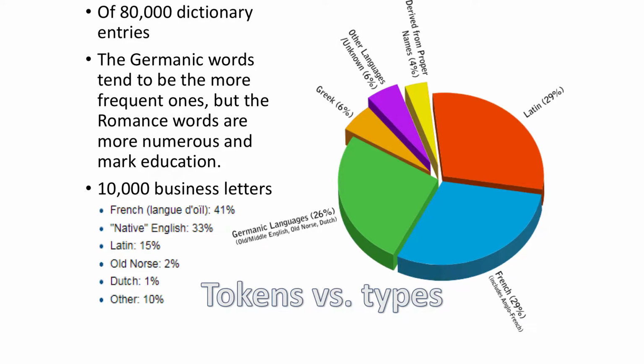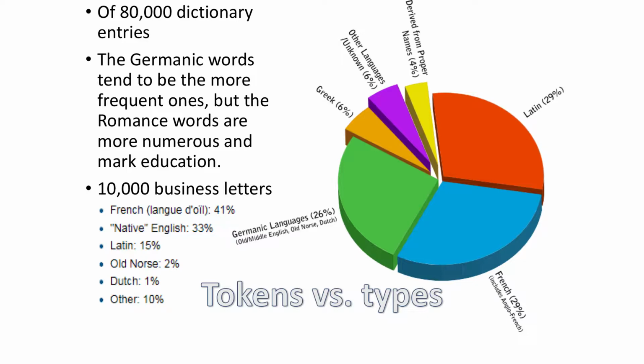So let's compare that analysis of all of the dictionary entries with the words found across a corpus of 10,000 business letters. There we can already see that the percentages for the different types are a little bit different. Among 10,000 business letters, 41% of the types are of French origin, 33% of the types are this native English origin, and then we've got a smattering of Old Norse and Dutch.